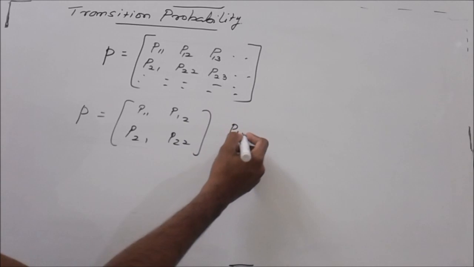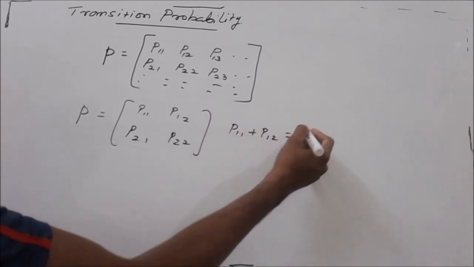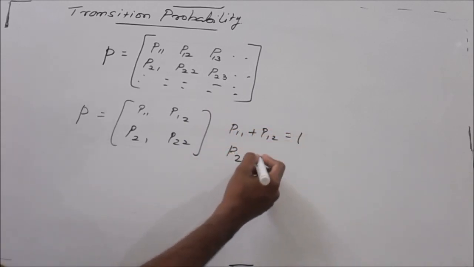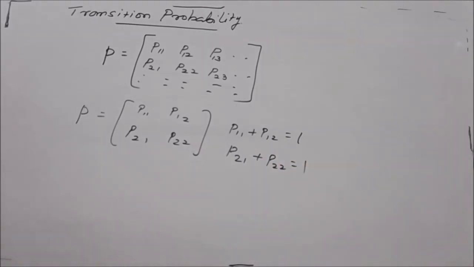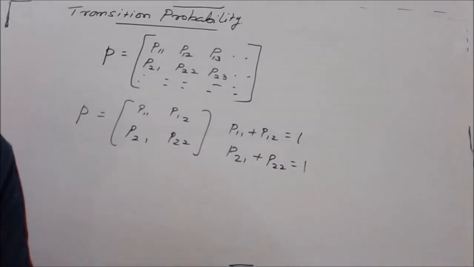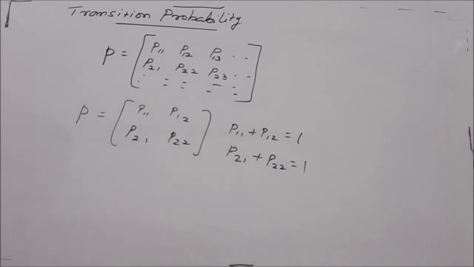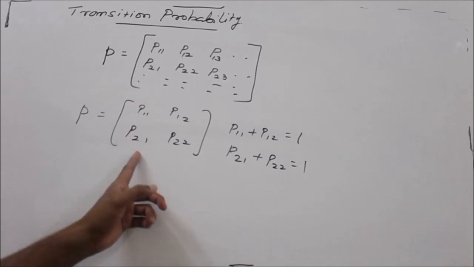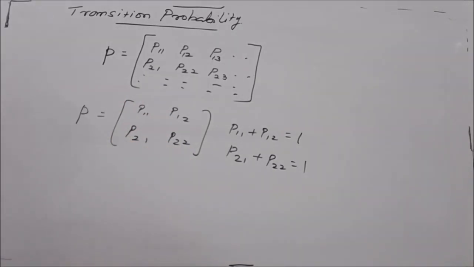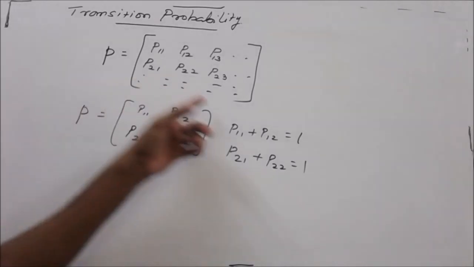Then P11 plus P12 equals 1 and P21 plus P22 equals 1. P11, P12, P21, P22 are all probabilities of events. This type of matrix is called the transition probability matrix.